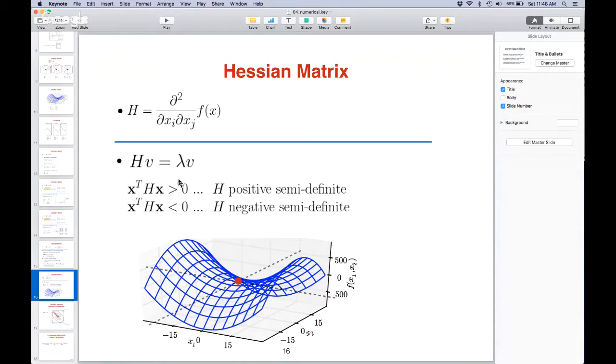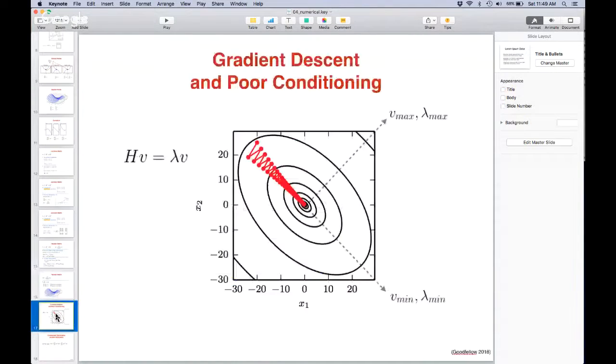And one other thing is the eigenvalues that correspond to the eigen directions, to the eigenvectors, give you the curvature at that point, which is really nice. It's already included in this characteristic equation of the Hessian matrix. So I have a couple more slides.